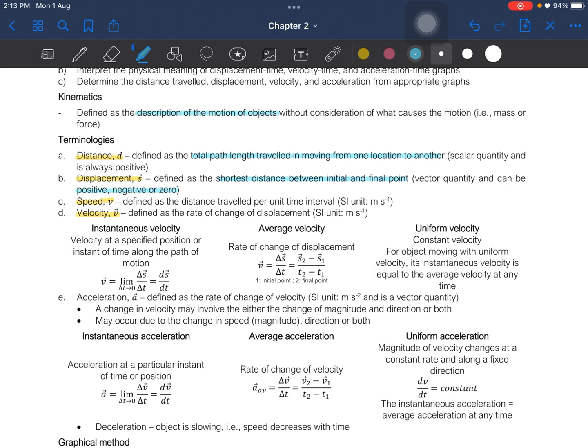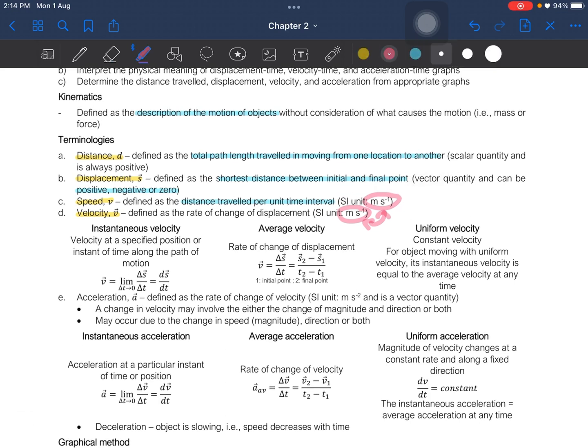And then we have speed. Speed is a scalar quantity, and it is defined as the distance traveled per unit time interval. It has the same SI unit as velocity, but the only difference is that velocity needs direction.